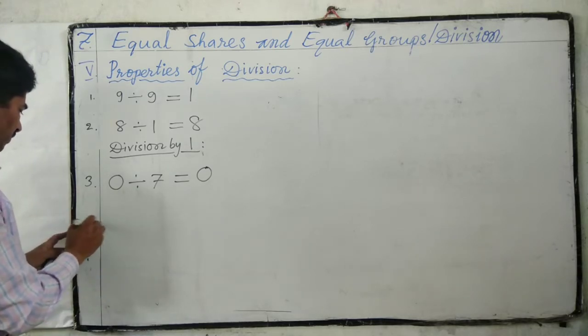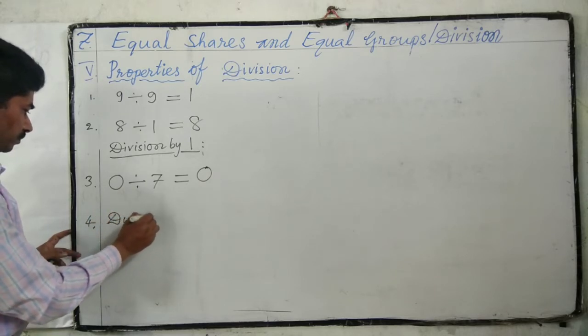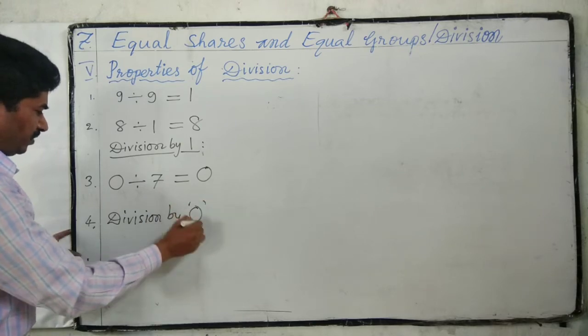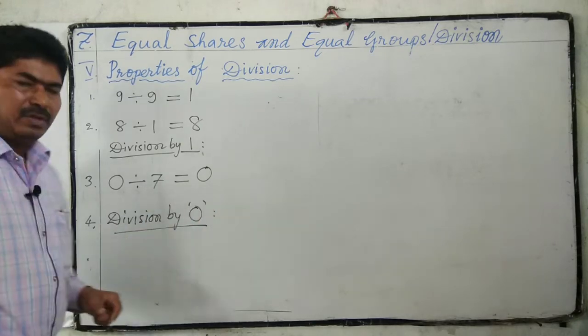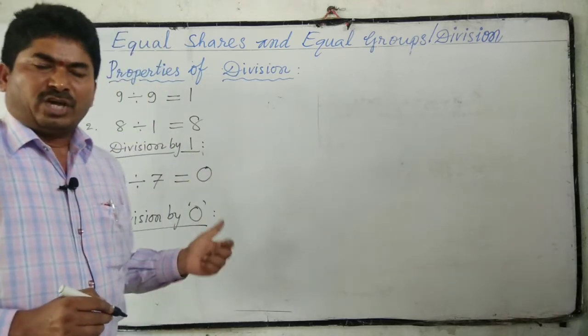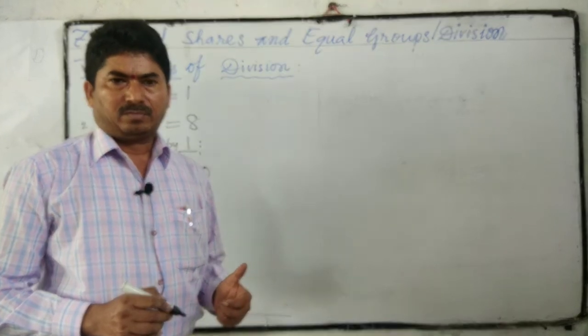Next, the fourth one, division by 0. The property of division by 0: division by 0 is not defined.